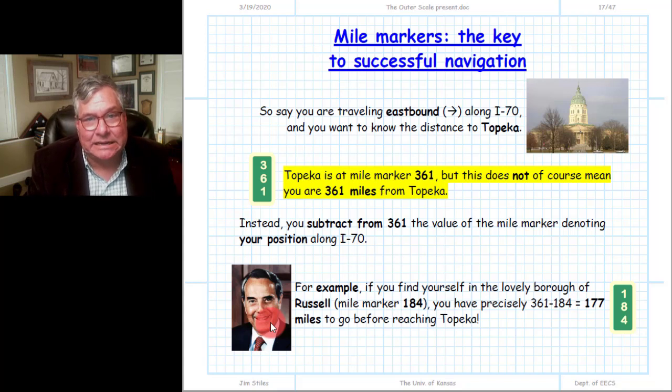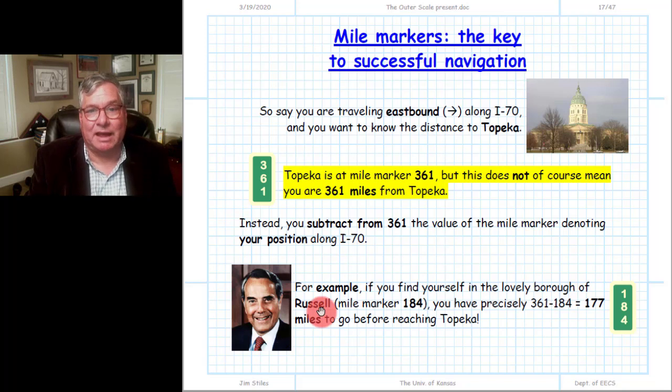You're somewhere in Kansas. And so we want to know how much further we need to drive to get to Topeka. You happen to look at the mile marker where you are, and you notice it's mile marker 184. Well, 184 is the mile marker that happens to be at Russell, Kansas. And so you happen to be driving by Russell at this point.